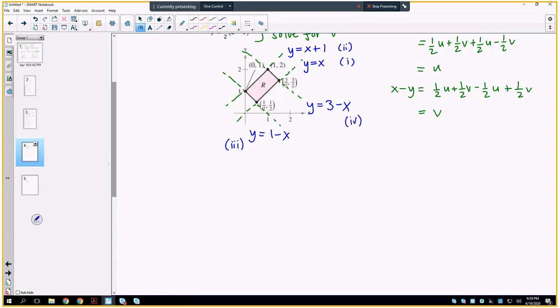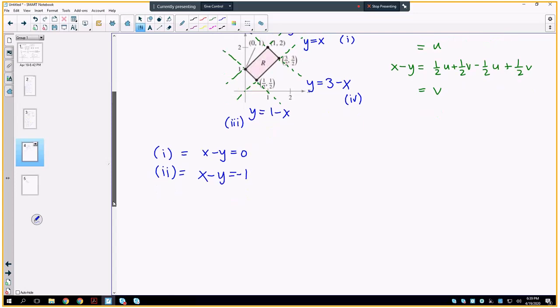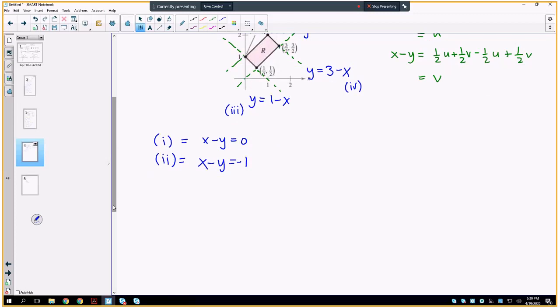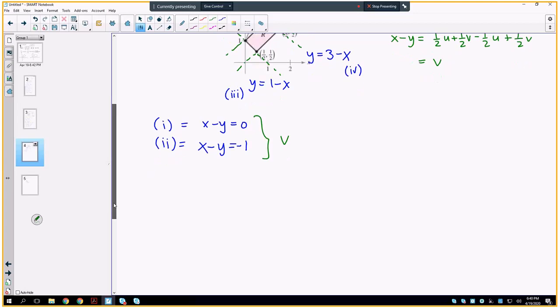So from equation 1, I get to say X minus Y is 0. And from equation 2, I get to say X minus Y is minus 1. So these are giving me my bounds for V. And from equation 3, I get to say X plus Y equals 1.